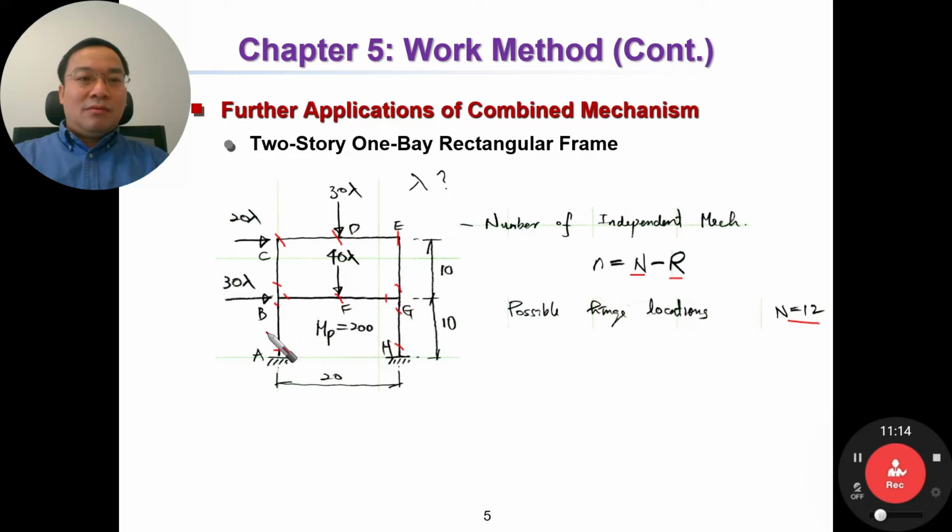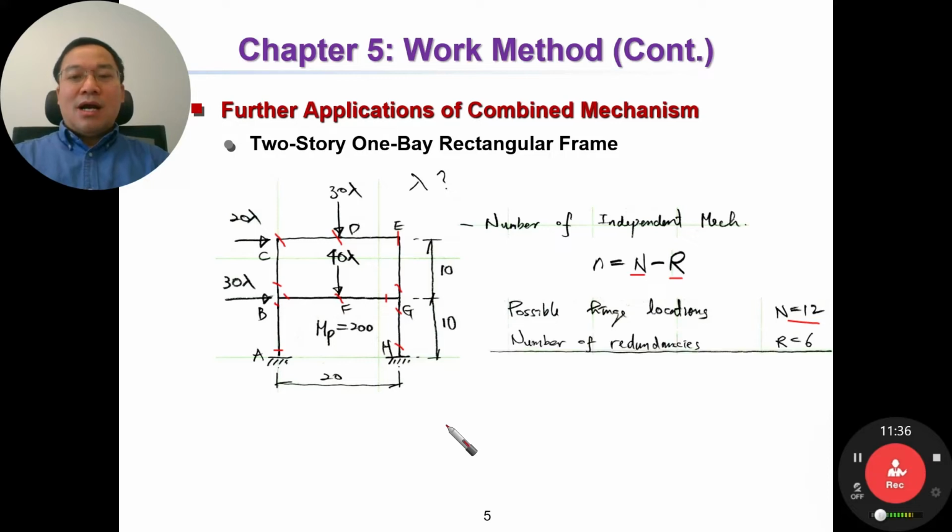How many redundancies does this structure have? R equals 6, because it is a two-story frame. Maybe here it is 3 and here it is 3. Then R equals 6, so n equals 6, the number of independent mechanisms.